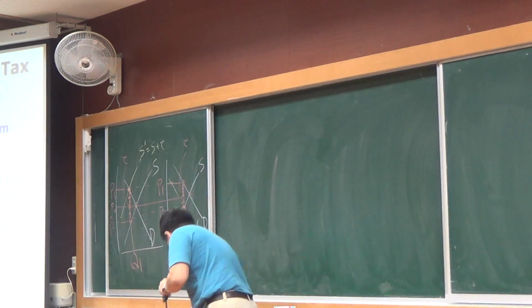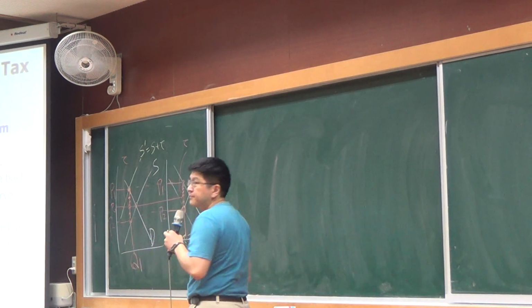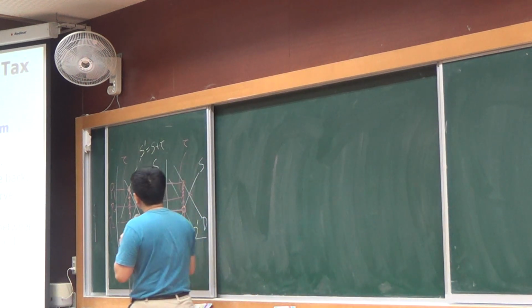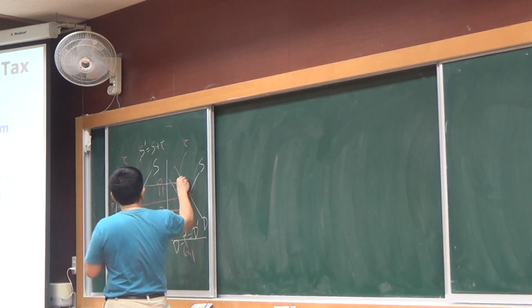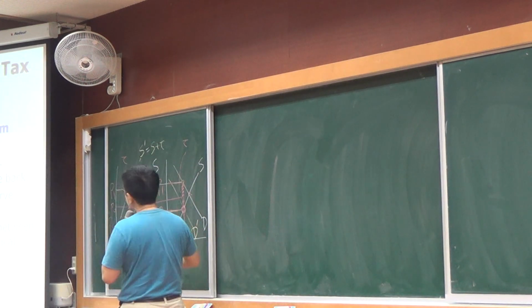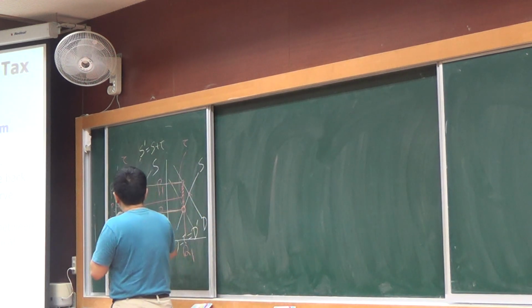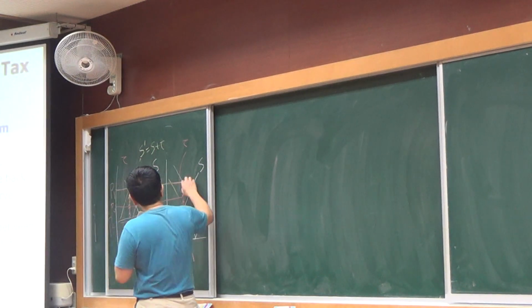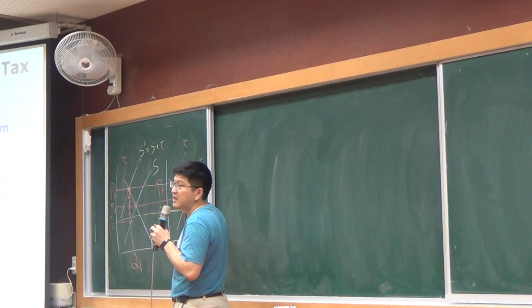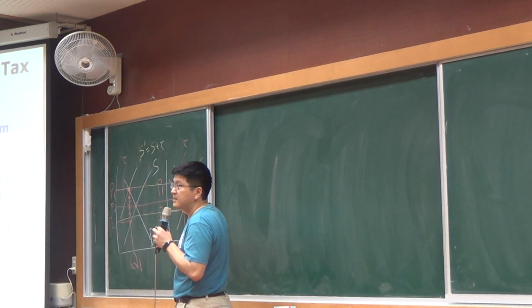So everything is the same. Everything is the same. The price the consumer has to pay, the price the producer can receive, the initial price, and the tax incidence on consumer and the tax incidence on producers. Okay?